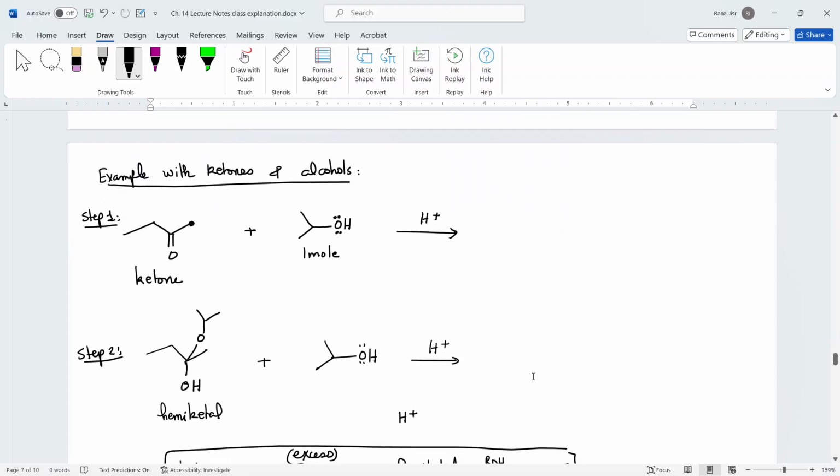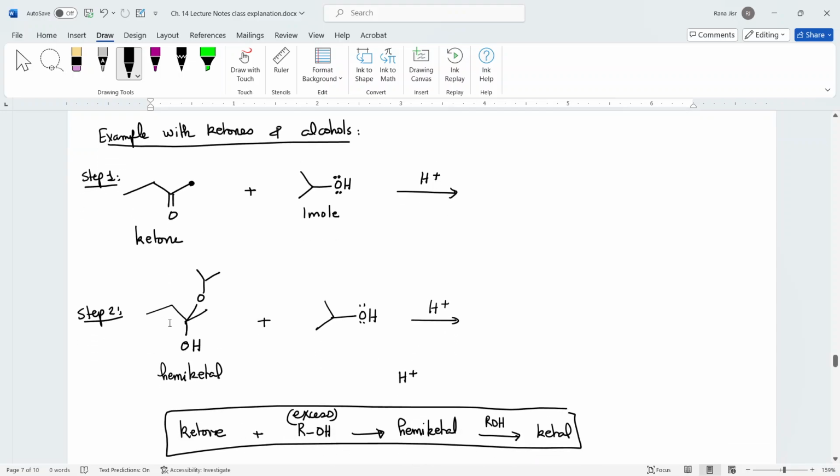The reaction is going to carry the same with ketones. So here I do have examples of ketones there. Again, it's going to be the same. Everything is going to be the same. So I'm starting with a ketone, and the reaction is 2 steps. So if I use 1 mole of the alcohol and then I use another mole of the alcohol, then in this case, the alcohol, the OR, it doesn't matter.